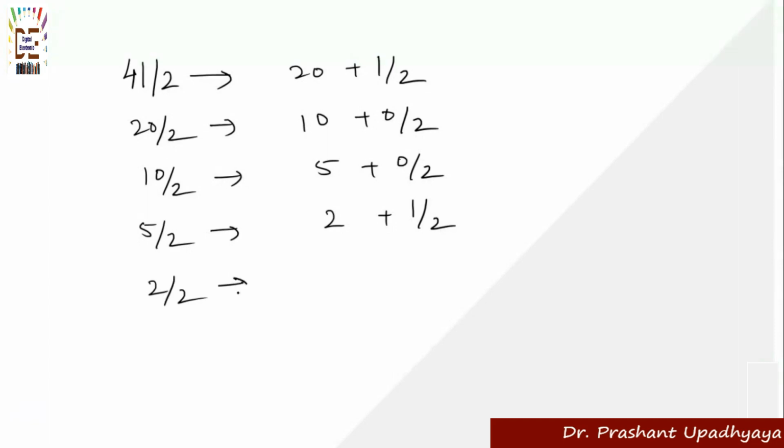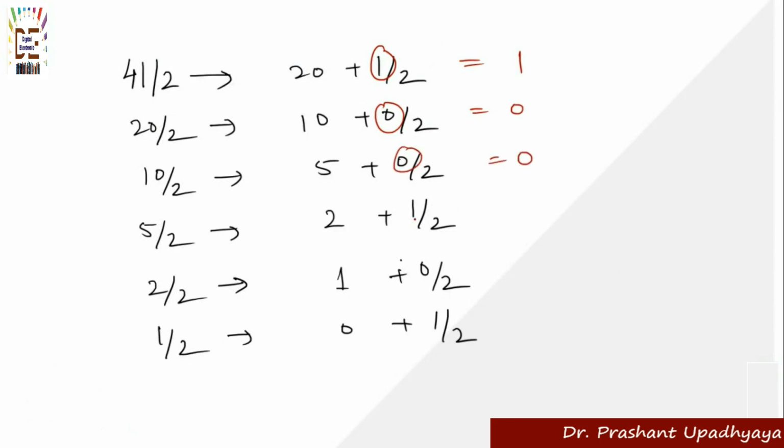Then 2 divided by 2, 1 plus 0 by 2. And then 1 divided by 2, it was 0 plus 1 by 2. Okay, so we have taken these coefficients: 1, 0, 0, 1, 0, 1. This is your answer.